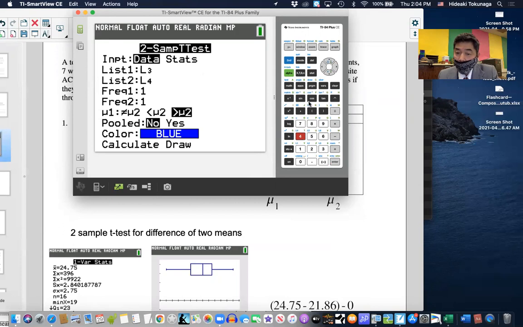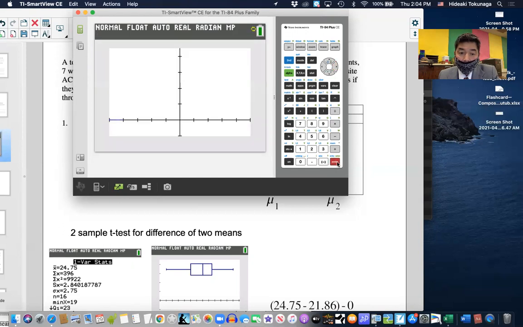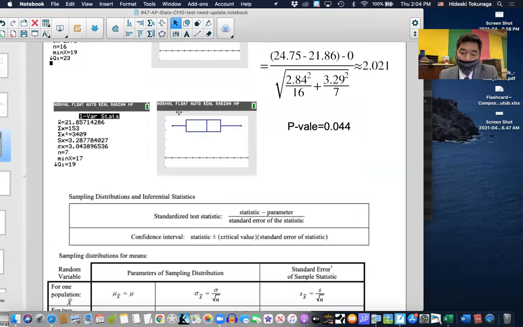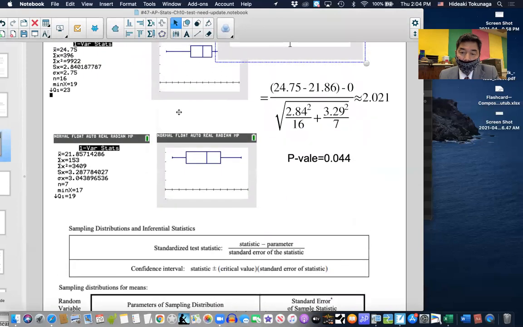Now everything is the same, and I go to draw. Now it shows the density curve with a tiny, tiny bit. I don't know why I couldn't create it the regular way, but this one shows me.